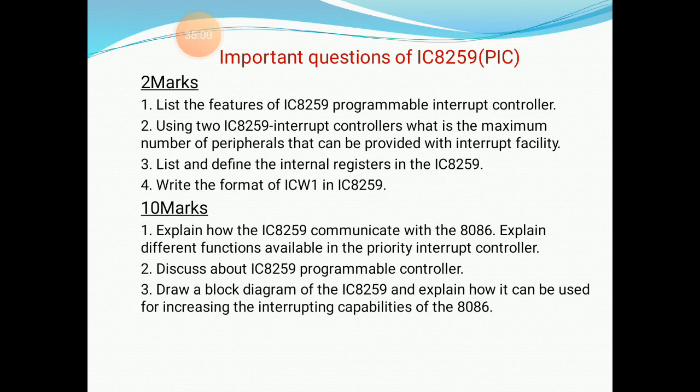By using two 8259s, we can allow 16 interrupt requests to be connected. That is, 16 peripherals are connected by using two 8259s. List and define the internal registers in IC8259 and write the format of ICW1 in 8259.